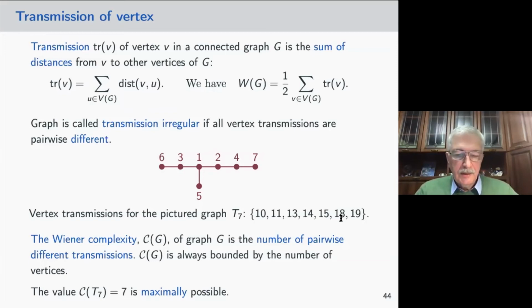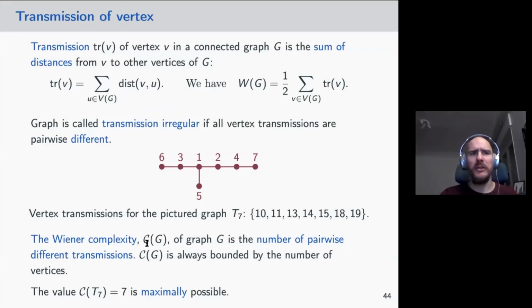And people call it the Wiener complexity of the graph: the number of pairwise different transmissions. I don't think that complexity is a perfect word to use here, but somebody defined it as Wiener complexity. Does it have any chemical meaning?